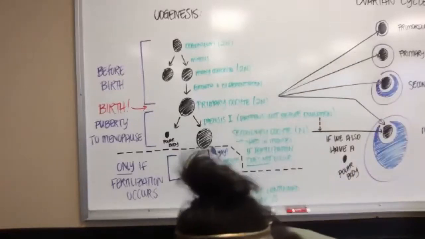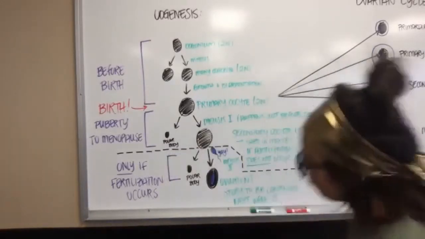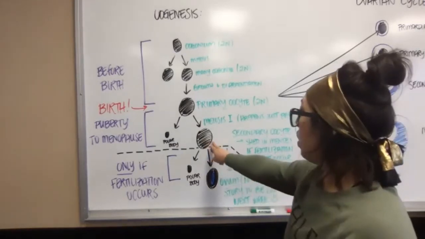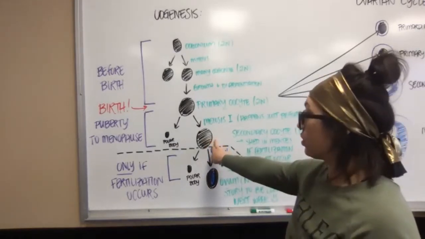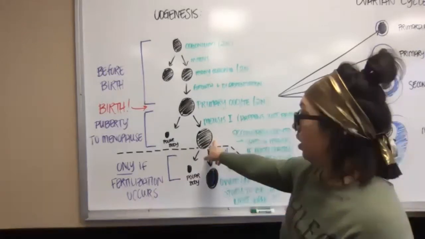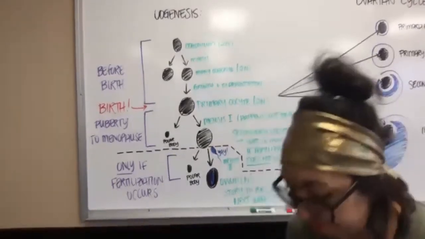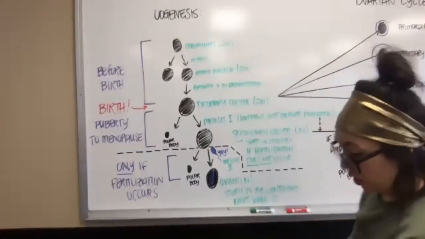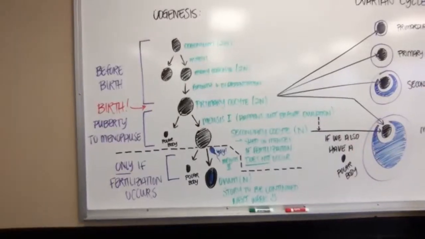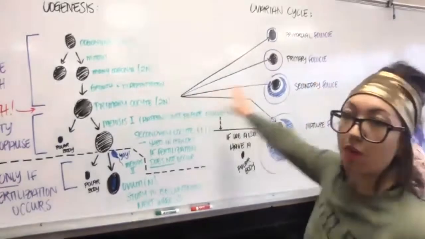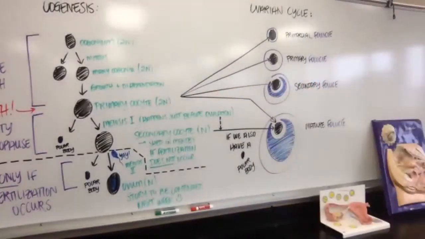Okay. If this secondary oocyte, we're going to look at these follicles over here in just a second, and you'll see how I've tied that over.